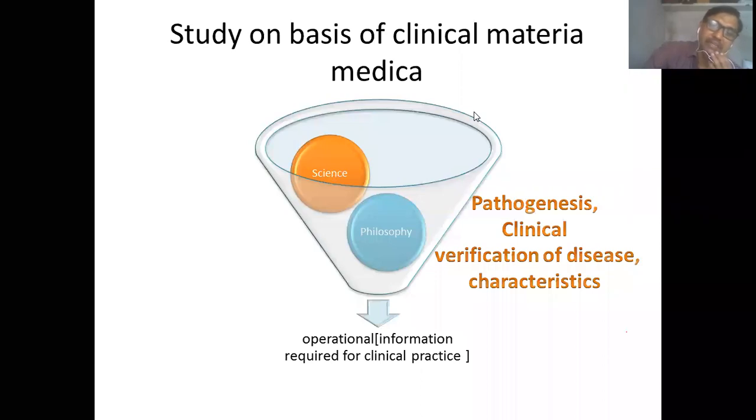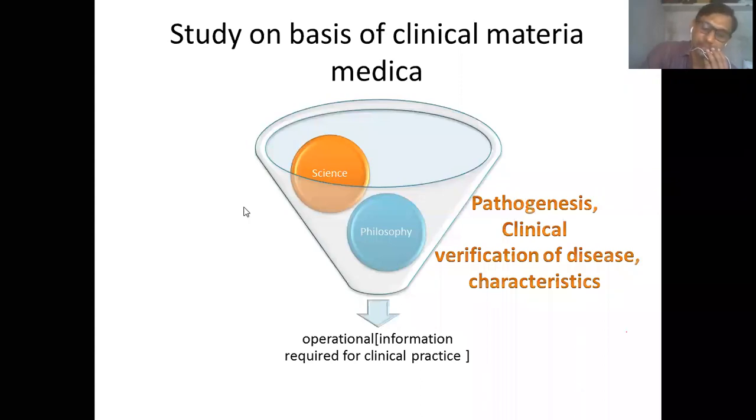And then finally, the characteristics are also given. So the things which are required to convert this science and philosophy, the information of pathogenesis, clinical verification of disease, and the characteristics, all these are given at one place by this method of study of materia medica.